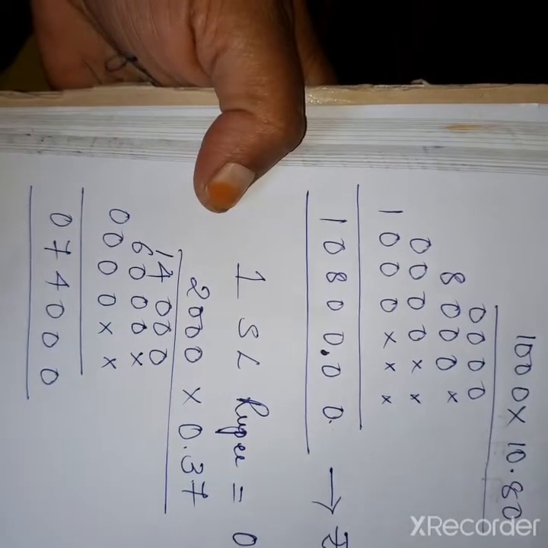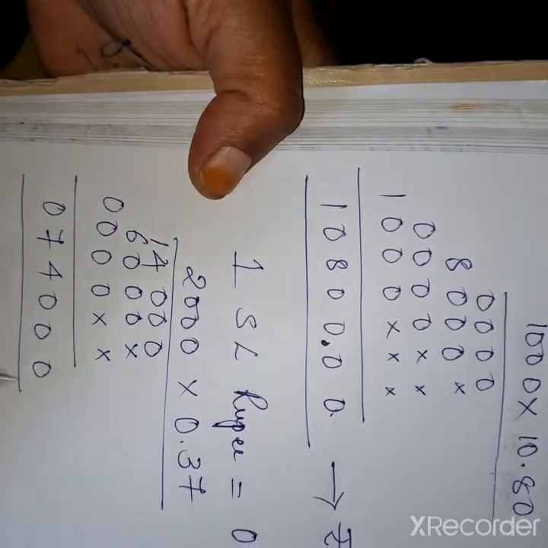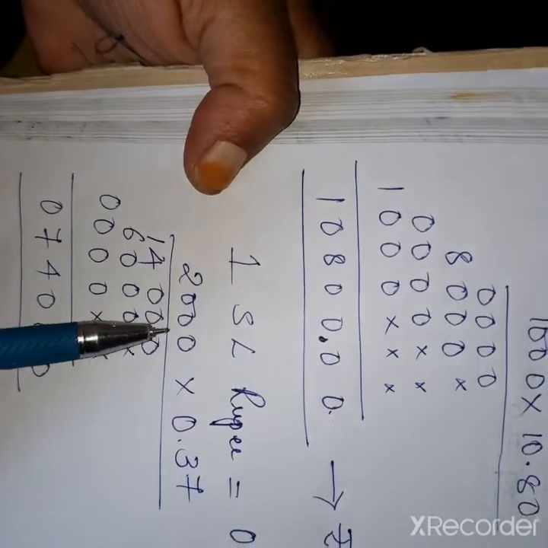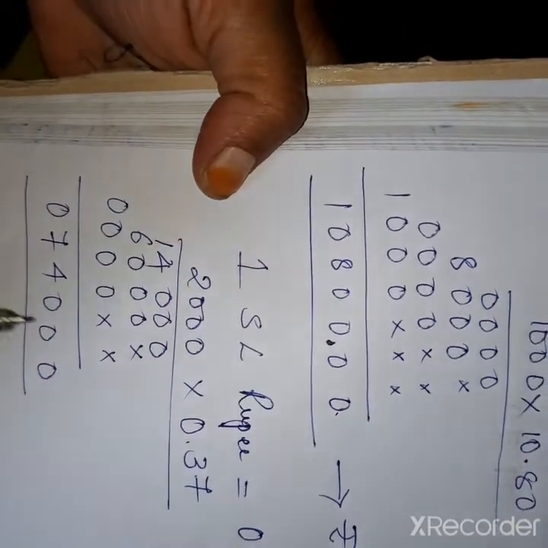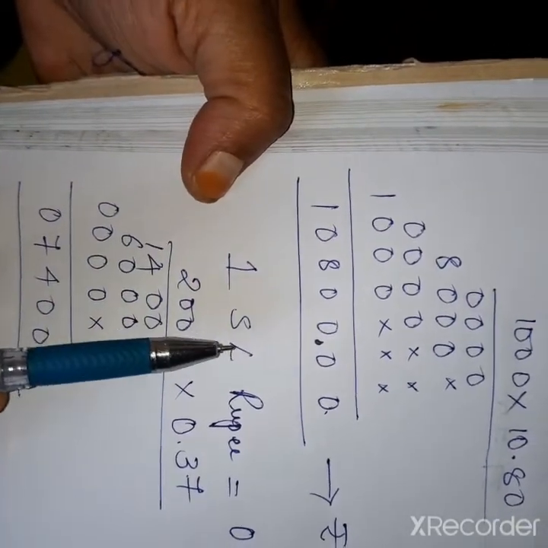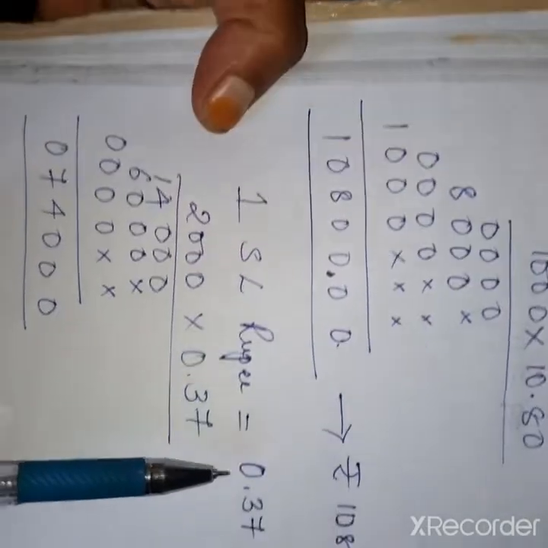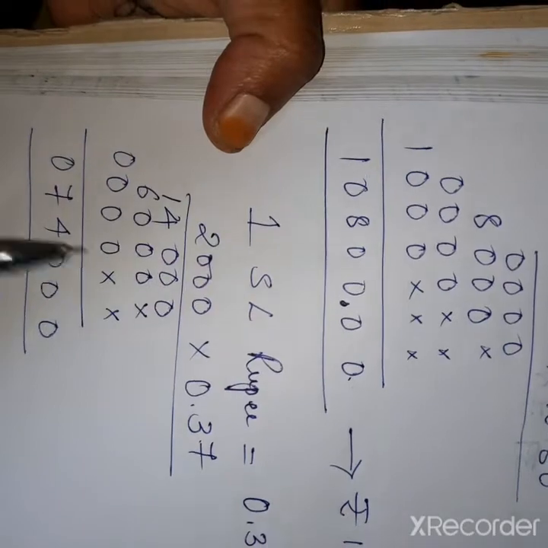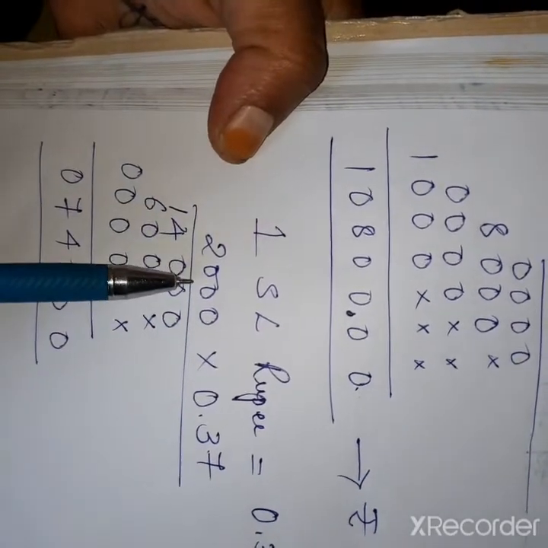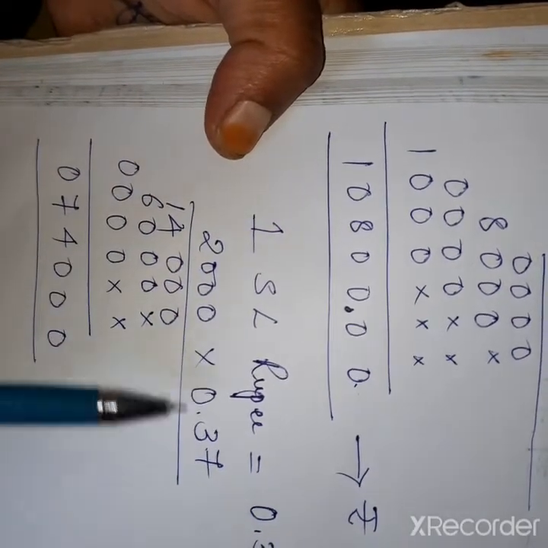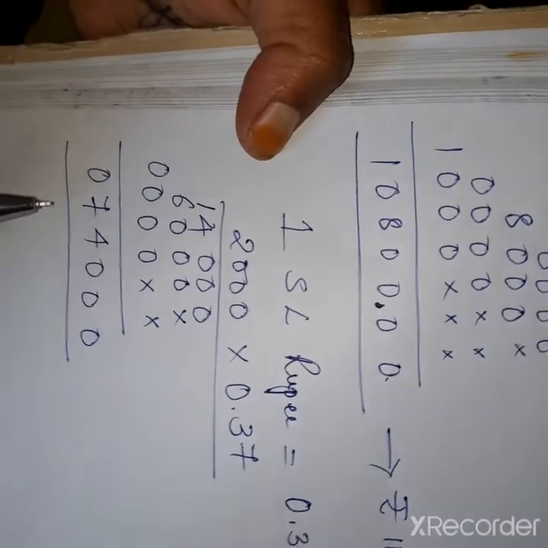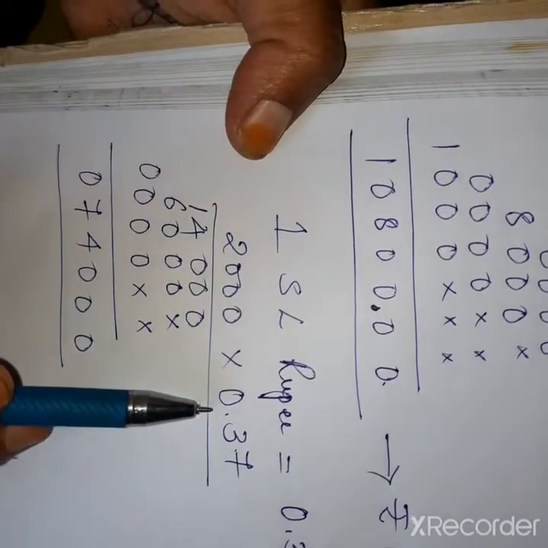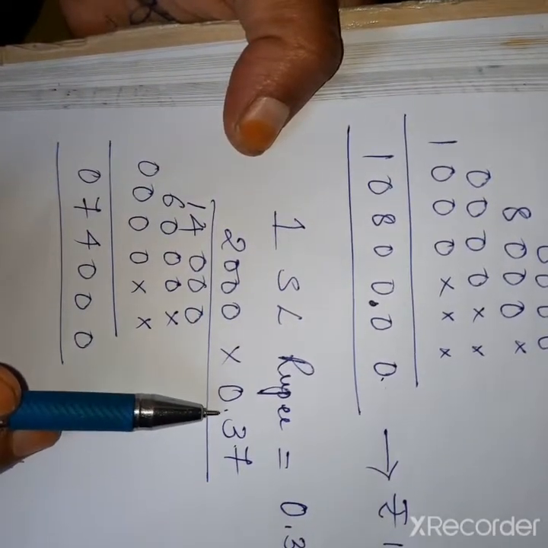Now let us see how much Arun's father is getting. Arun's father is getting 2000 Sri Lankan rupees. 1 Sri Lankan rupee is equal to 0.37 paisa. So this 2000 Sri Lankan rupees, when we multiply, we will get this answer. Now we have to place the decimal. Where to put the decimal?